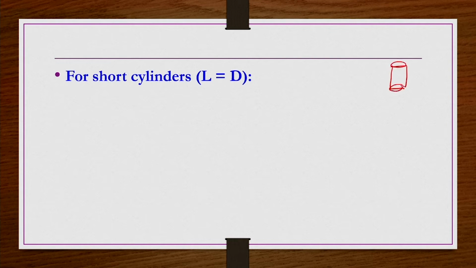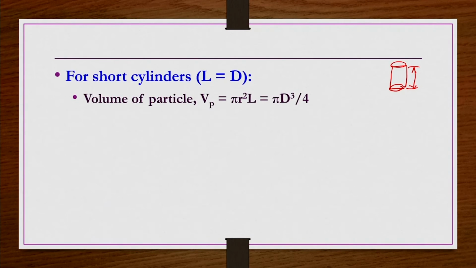Now, what do we do? We take a short cylinder whose length L is equal to d. We can say the cylinder is a short one if its diameter and length are equal, or closely equal, to each other. Let us take the short cylinder case, L is equal to d. Then the volume of this particle is pi r square multiplied by L. In terms of d, you get pi d cube by 4.